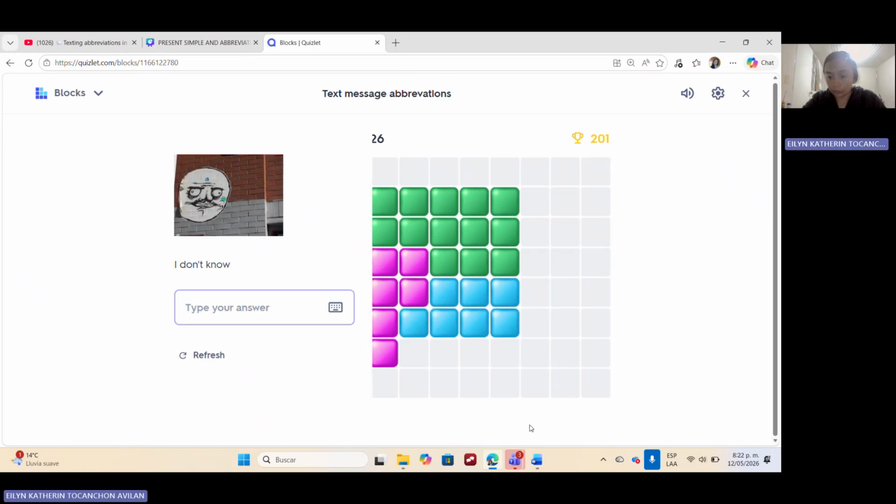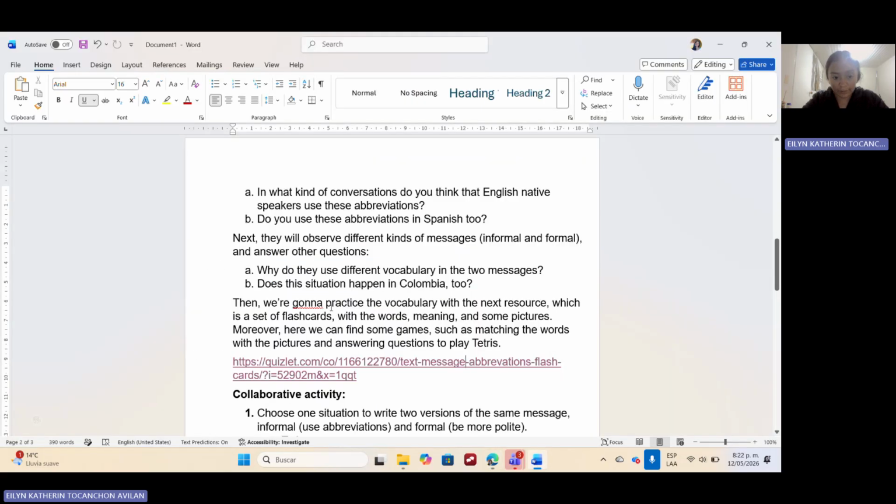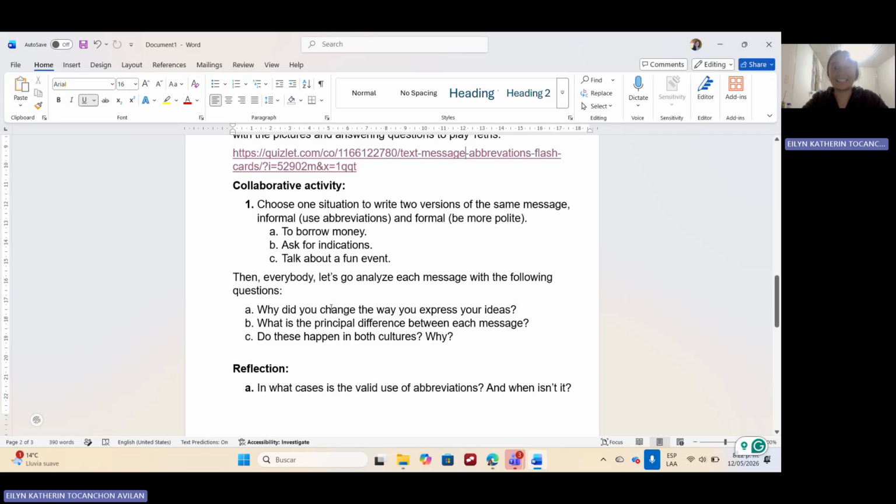Okay, so when you finish the review of the abbreviations with the flashcards, and play the match and blocks games, we're going to do a collaborative activity.